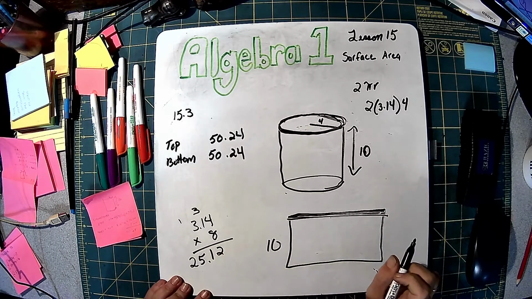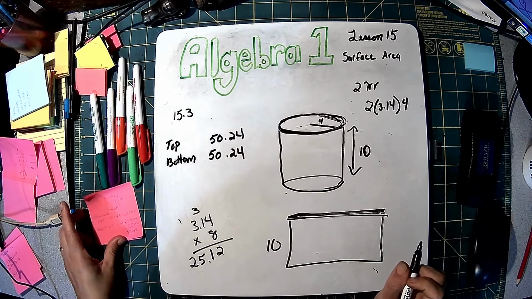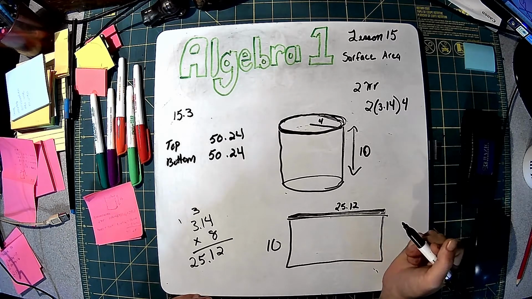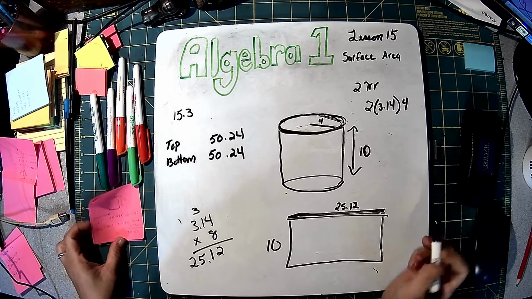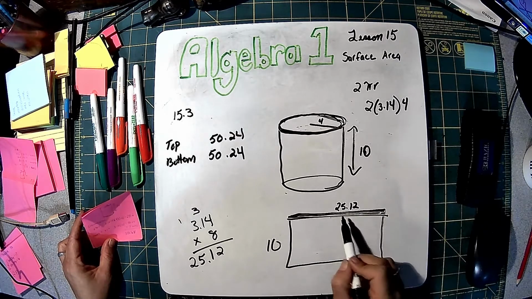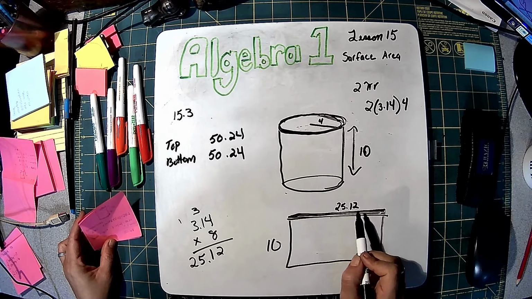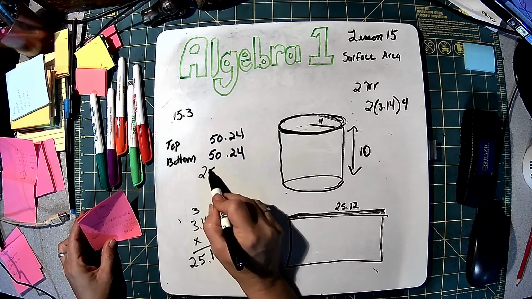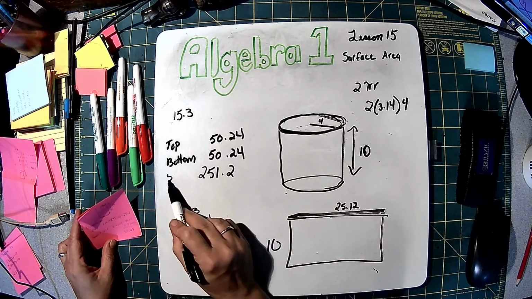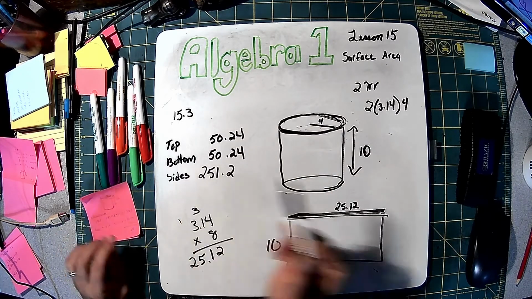I got 25.12 for this part. Okay, so then I have to multiply that times 10, which would be 251.2. That's going to be our sides, which is just a circle.